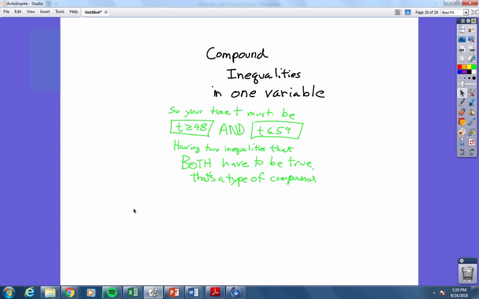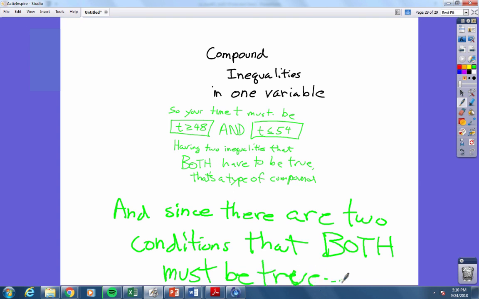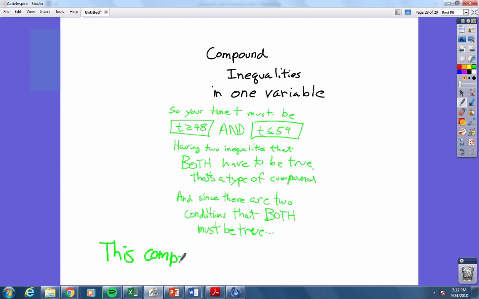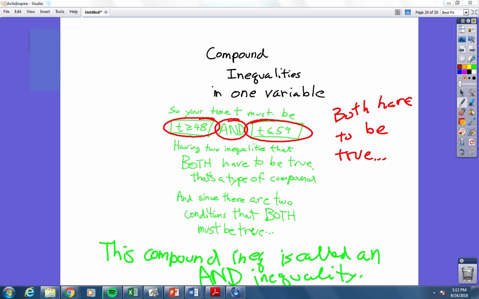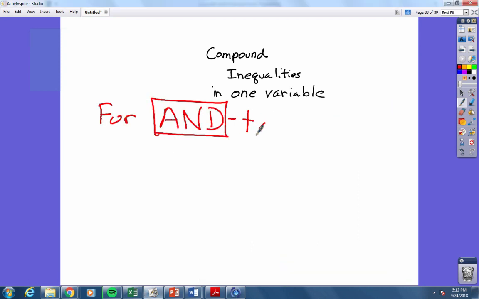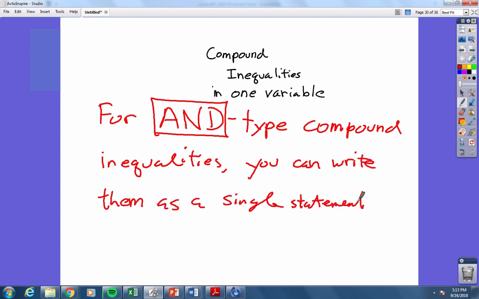And because they both have to be true, we call this a compound AND inequality. It's a compound AND inequality because both conditions have to be true. For AND type compound inequalities, you can write them as a single statement with two inequality symbols in it.